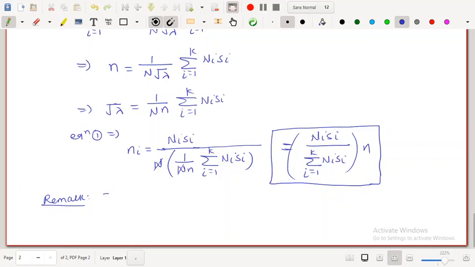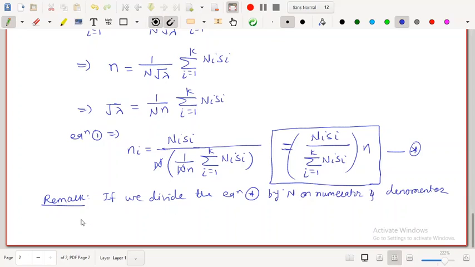Suppose this is equation star. If we divide equation star by N on numerator and denominator, then what we get is Wi Si and Wi Si.